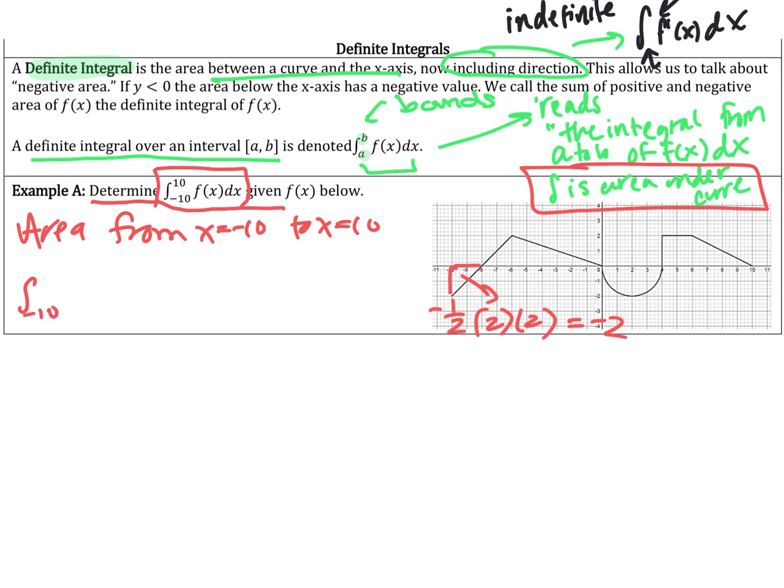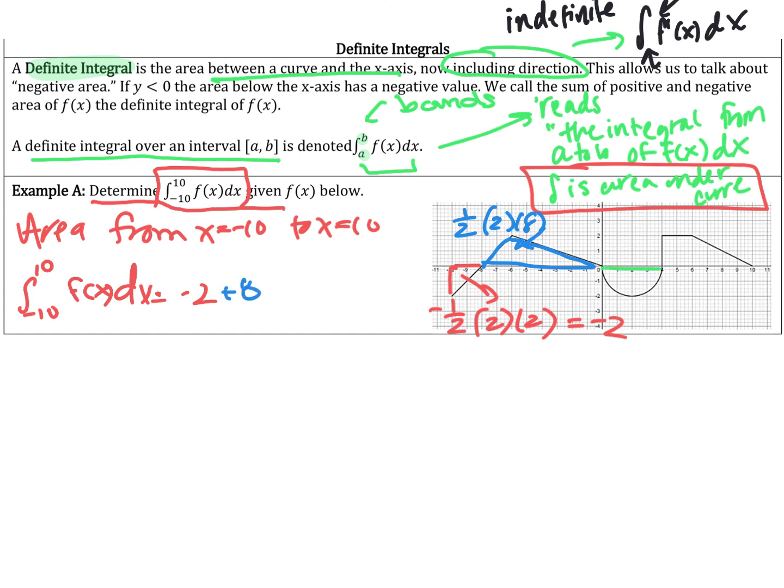So I'm going to say the integral from negative 10 to positive 10 of f of x dx equals, and I'm going to just start adding these little geometric areas together. Negative 2 plus, if I look at this triangle here, this has a positive area. This is going to be 1/2 times 2 times 8, which is going to be 8, so plus 8.